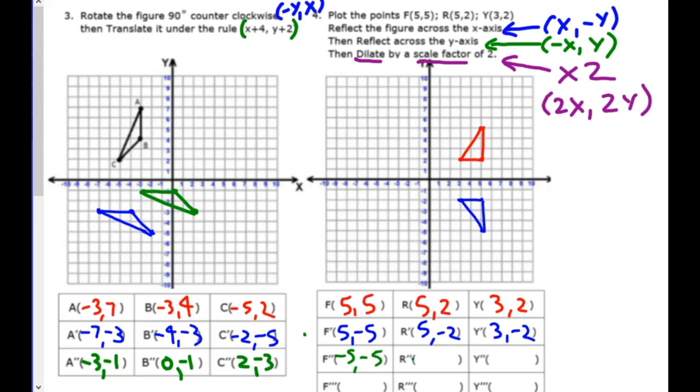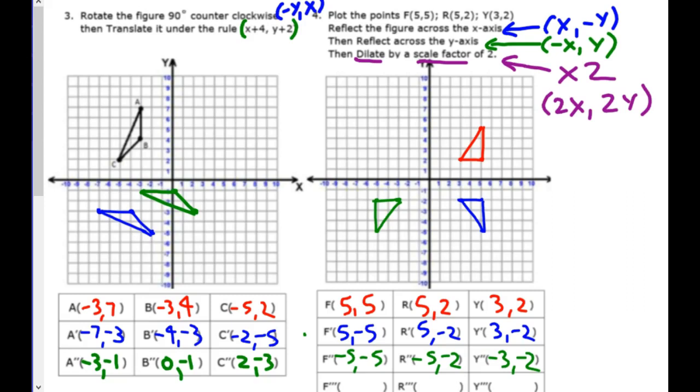This positive 5 becomes negative 5. This stays the same. This 3 becomes negative 3. This stays the same. And then I graph it. Negative 5, negative 5; negative 5, negative 2; negative 3, negative 2. So you should have another reflection, right?